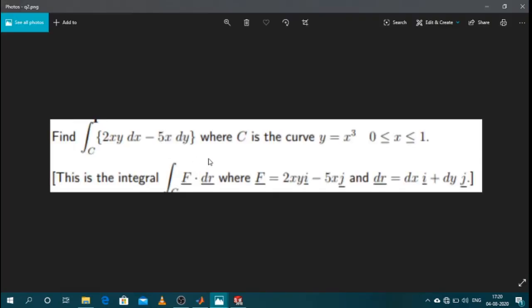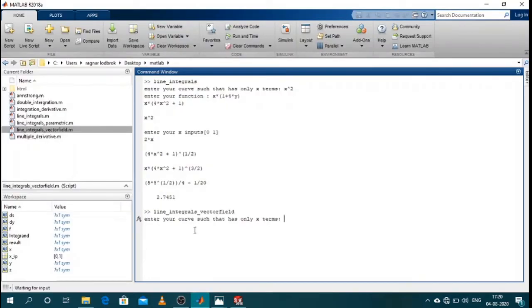The curve here is y equals x cubed, so let's enter y equals x cubed. The second thing is to enter your function, which was 2 into x into y in the i direction, and minus 5x in the j direction. We enter the function in the form of a vector and then enter the x input. x was going from 0 to 1.